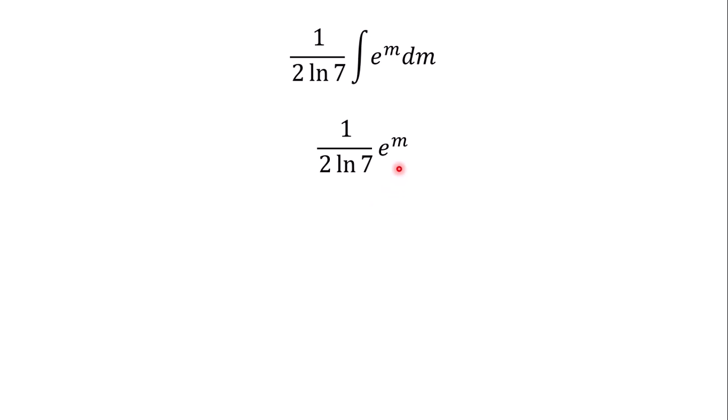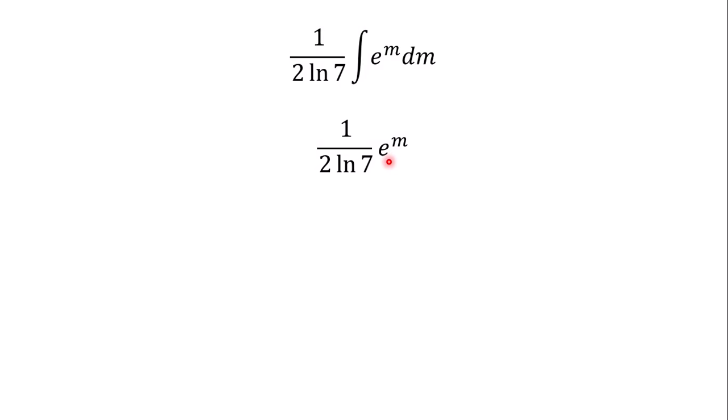Now that we are done with the integration, we have to go back to the x world, because this substitution was just to help us solve the problem at hand. So if you are done with the problem, what do you have to do? We have to go back to the original world, which is the x.